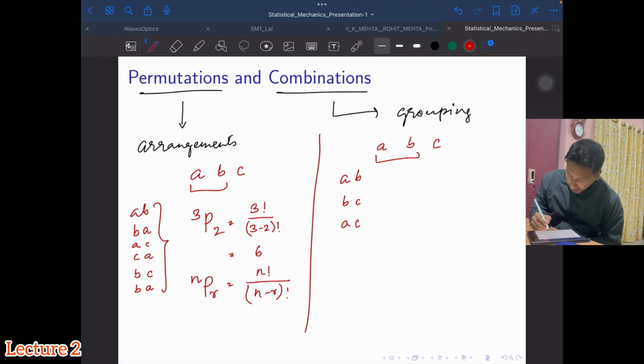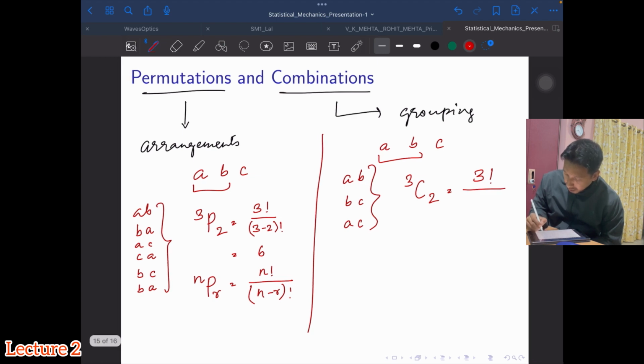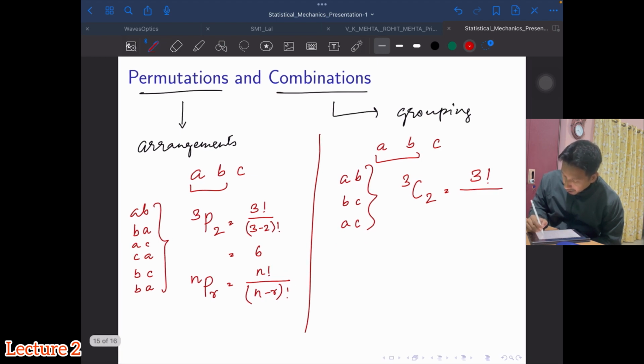The formula to obtain how many ways I can combine or group them is, in this case, 3C2. As you all know, this is 3 factorial divided by 2 factorial times (3 minus 2) factorial, which will be 3.